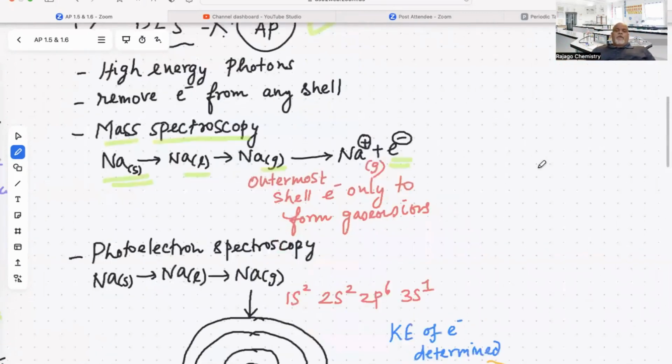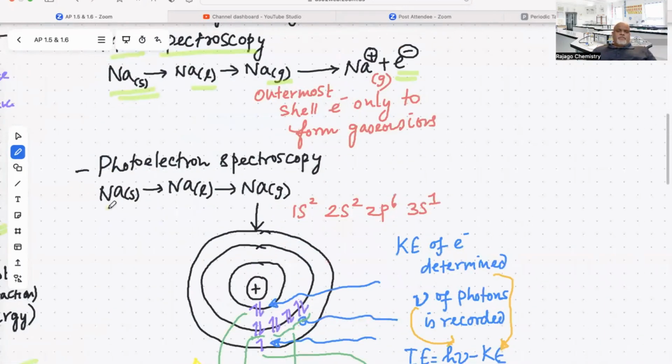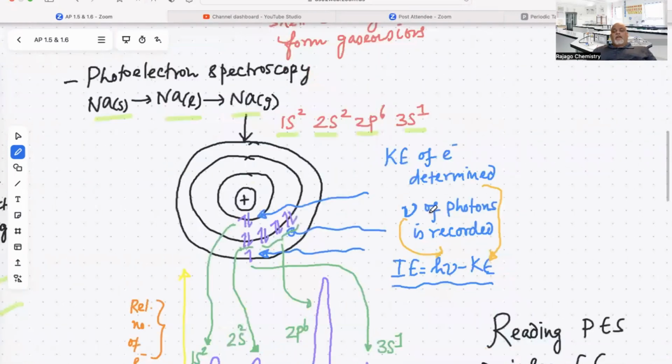But photoelectron spectroscopy does the same thing differently. You take a solid, and after the phase changes, you take out almost all the electrons. For sodium, the electronic configuration is 1s2, 2s2, 2p6, 3s1. So there are 2 electrons in the first shell, 8 electrons in the second shell, and 1 electron in the outermost shell.